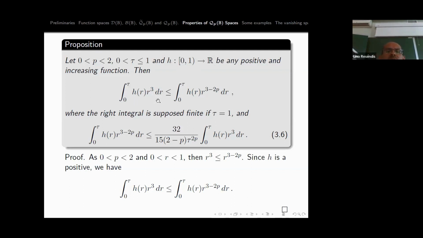Observe here that we have this integral h(r) r to power 3 dr, and here the same limits, the same function h(r). However, here the power is 3 minus 2p.